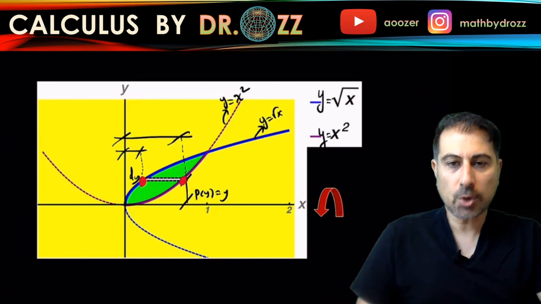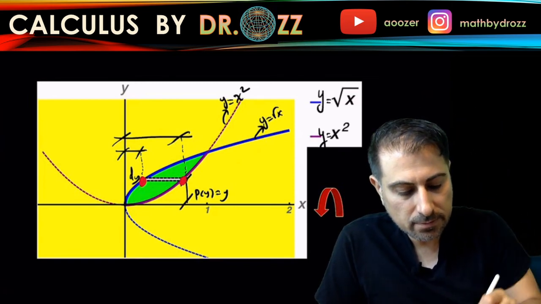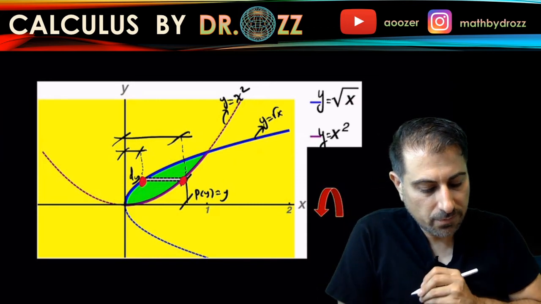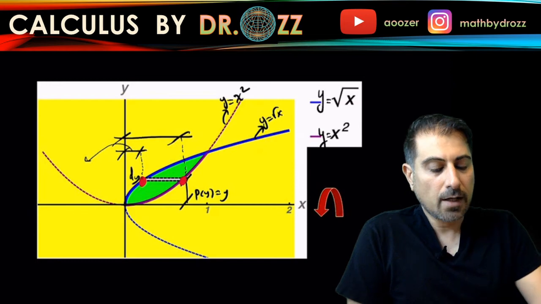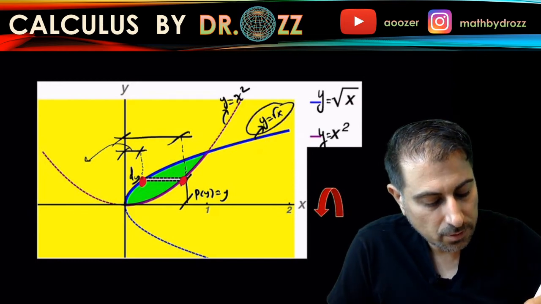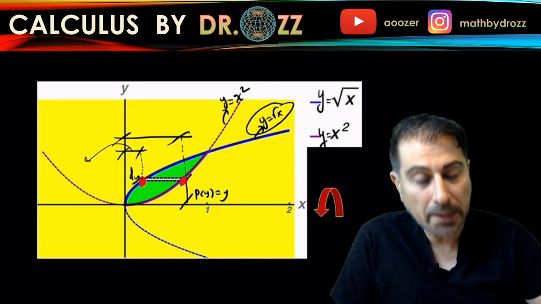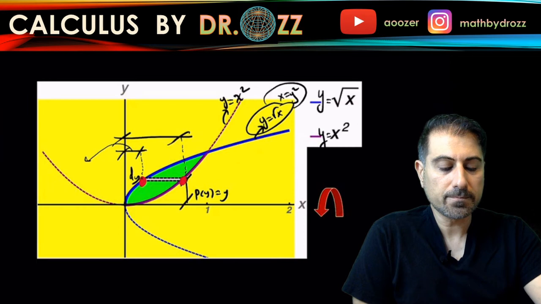And the x coordinate of the very left end is going to tell me exactly what this distance is. Let's look at the blue curve. The blue curve is y equals radical x. I need the x portion of that, so this is equivalent to x equals y squared. So here we go, this part is just y squared.